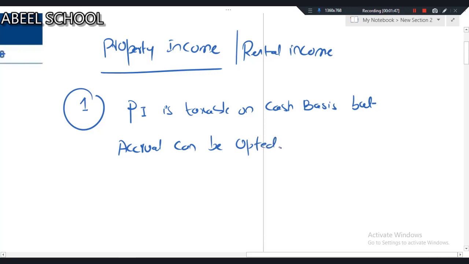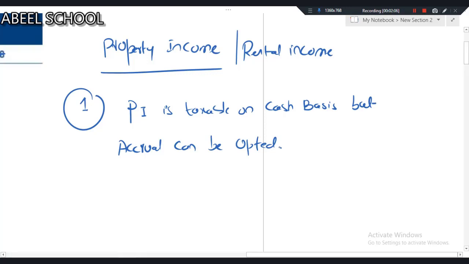Very important point. What do you mean by cash basis? We'll be discussing that inshallah in a short while. The first point is property income is taxable on cash basis, but accrual basis can be opted.